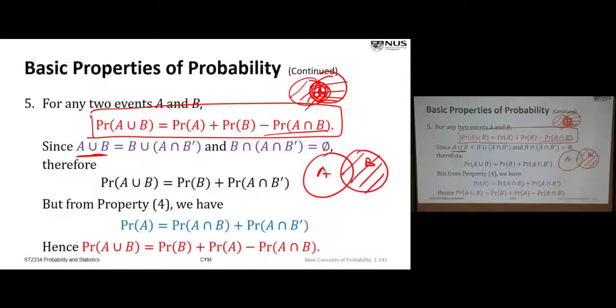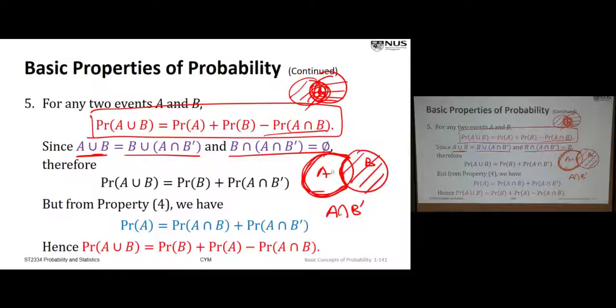And how can you describe this other part so that there is no overlapping? This part obviously belongs to A. At the same time, it does not belong to B, so B complement. So the intersect of it. So I can write A union B as B union (A intersect B complement). And these two parts are mutually exclusive.